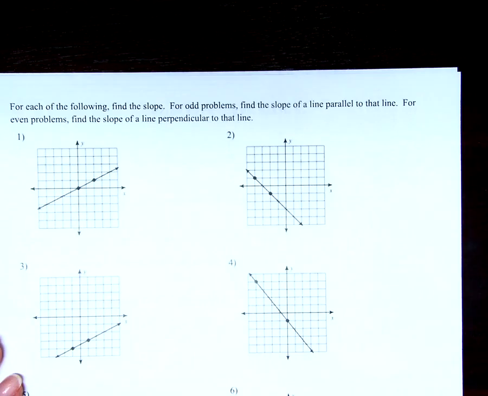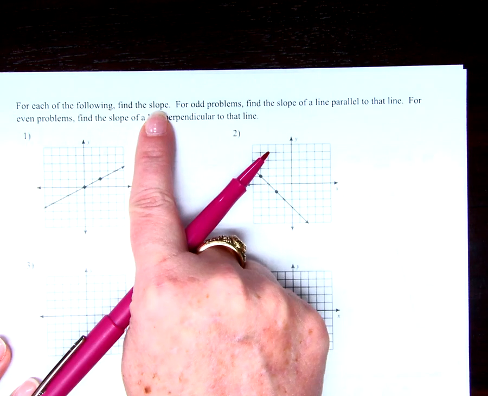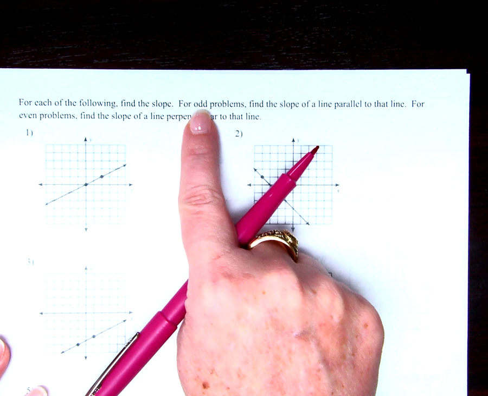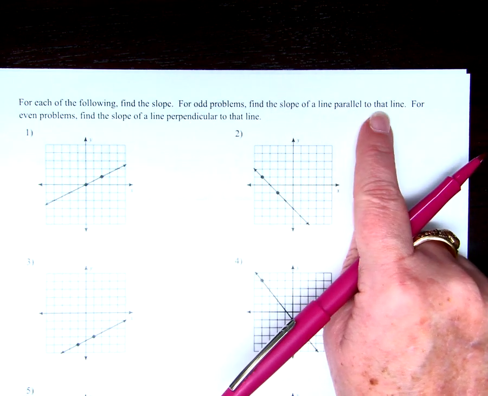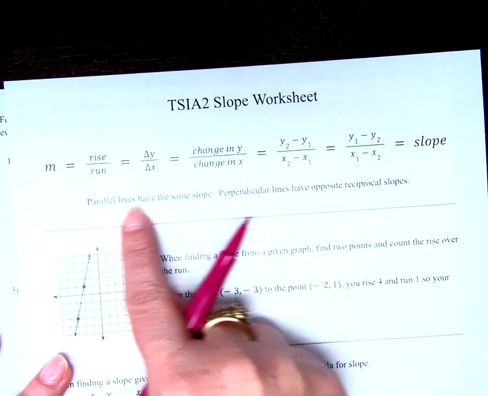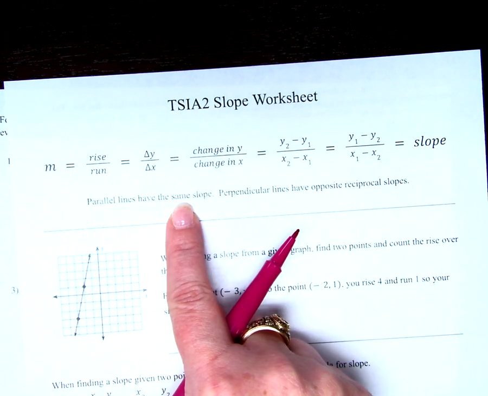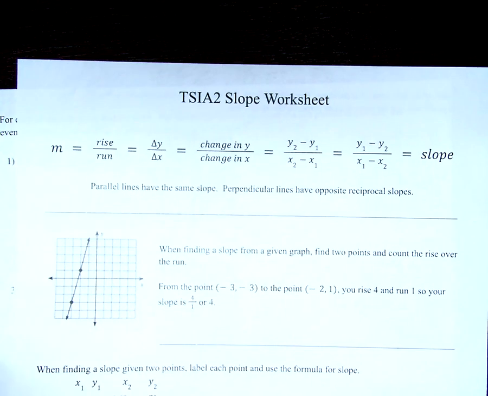Now, on all these problems that you have to do today, first of all, you have to find the slope. Second of all, for odd problems, you're going to find the slope of a line parallel to that line. So if I know the slope of the line is 2, what's the slope of the line parallel to that? 2. It's also 2, right?